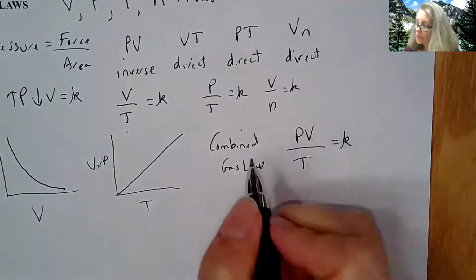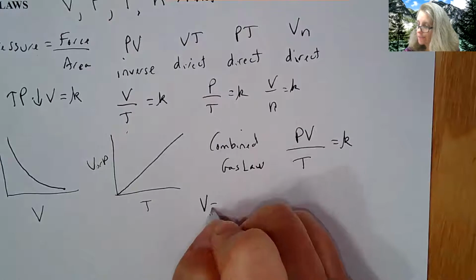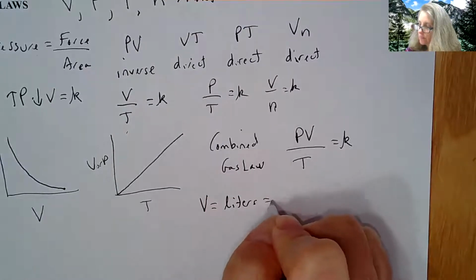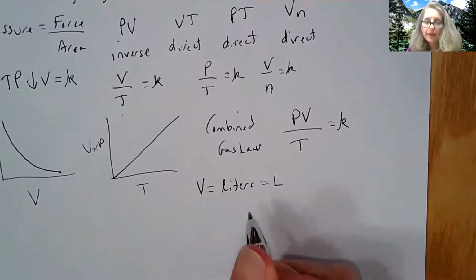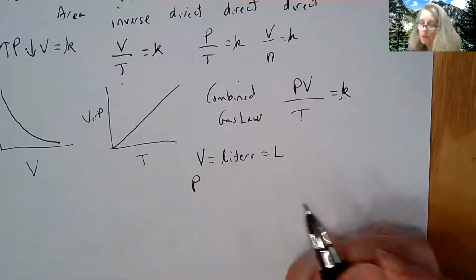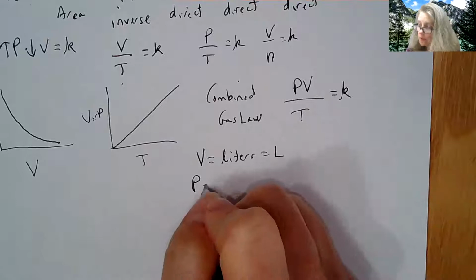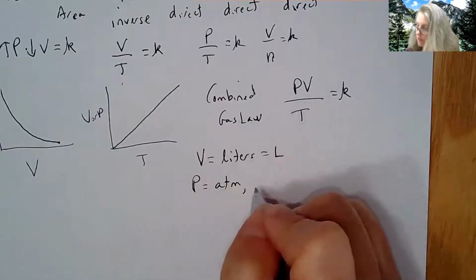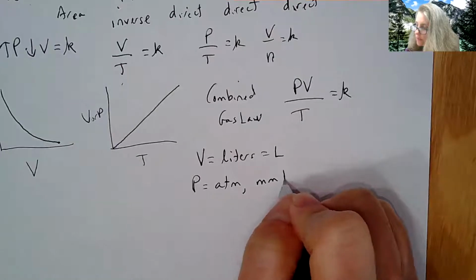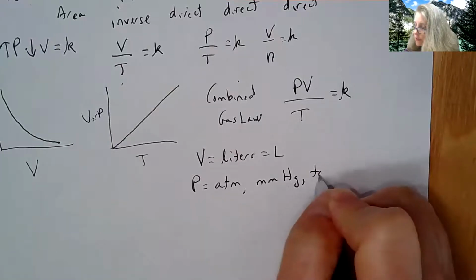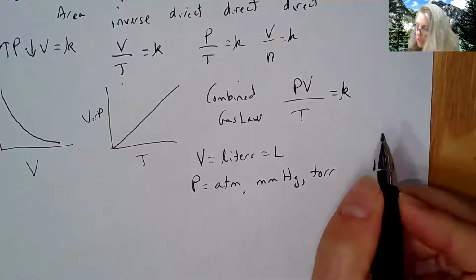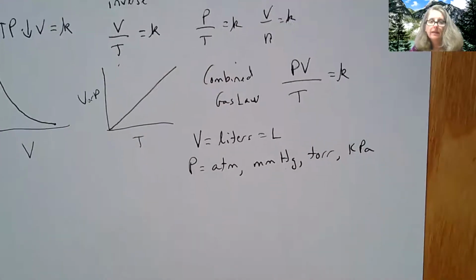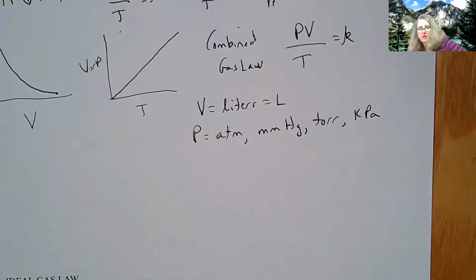So in terms of our discussions here, volume is going to be in liters. Okay, so it's going to be a capital L. What are some units of pressure? Well, we have atm, we have millimeters of mercury, we have something called a torr, and kilopascals, but we're going to sidestep that one a little bit.